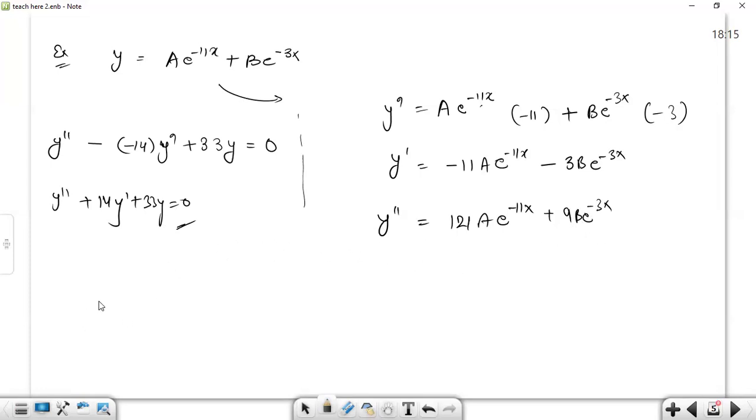So let's write y double dash plus 14 of y dash. So 14 will get multiplied by this: minus 14 into minus 11, it will be 154, right?